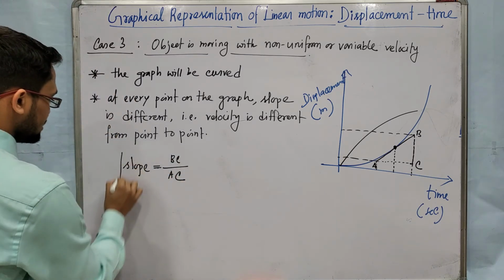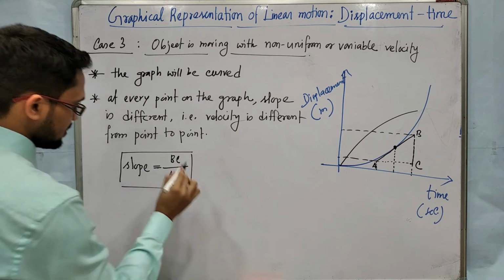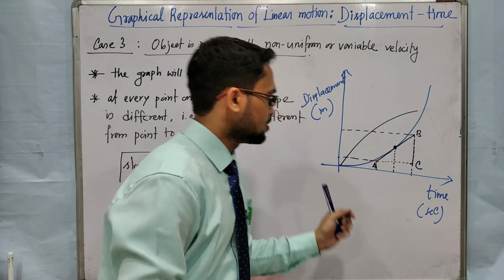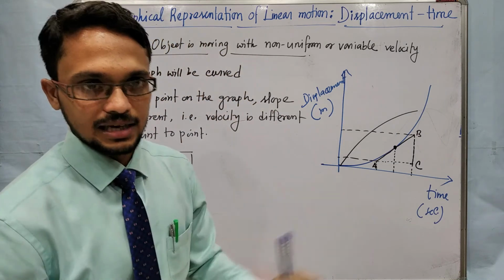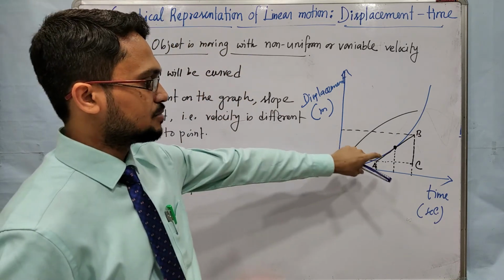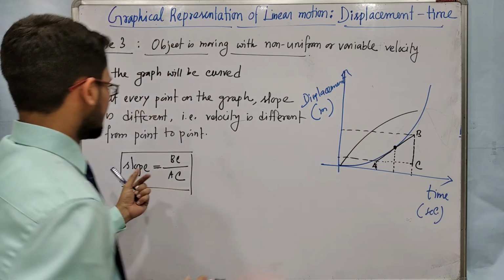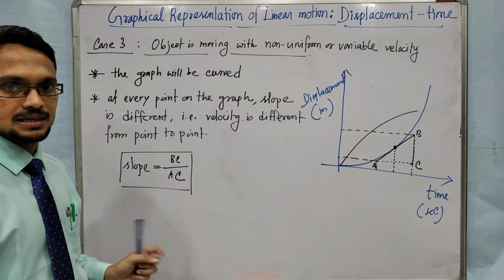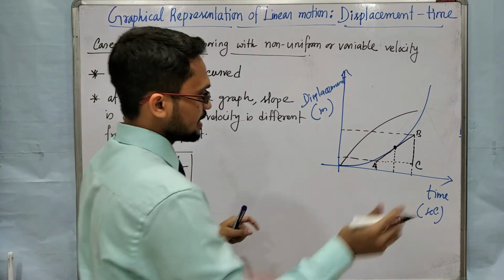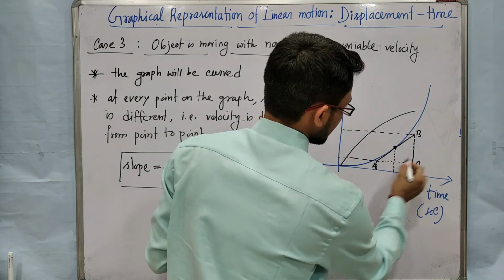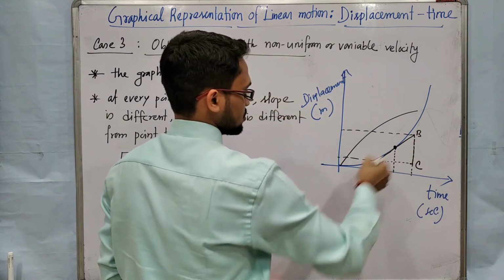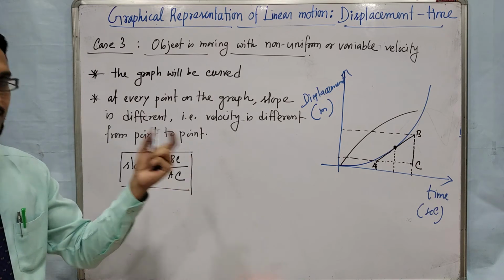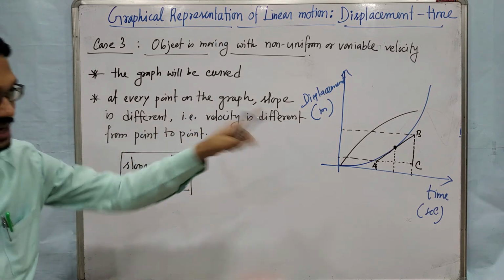Okay, in this way you will calculate its velocity. Okay, but it is a little bit difficult in your grade. When you will come to class 11, then we will discuss elaborately how to find the slope and how to find the velocity for this kind of graph. Okay, there is a little bit trick. Okay, that I will not discuss here. Just I am telling that this is the slope, and in this way we can calculate the slope. That means in that way we can calculate the velocity at that particular point.